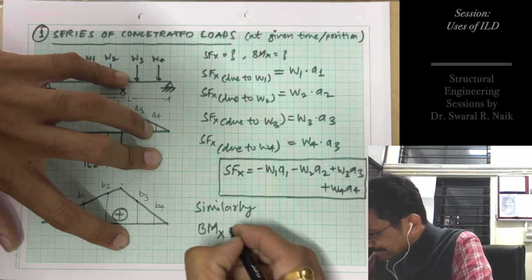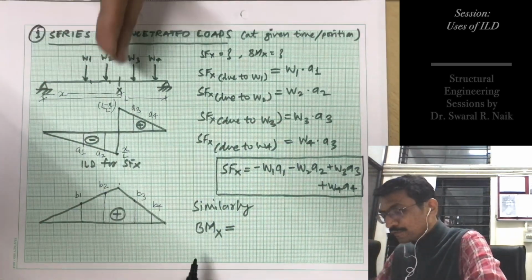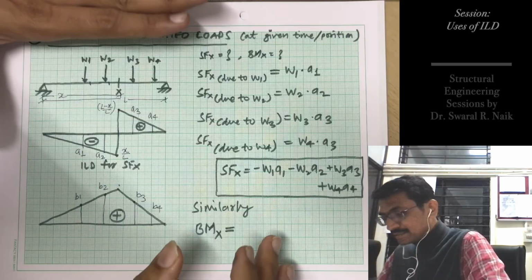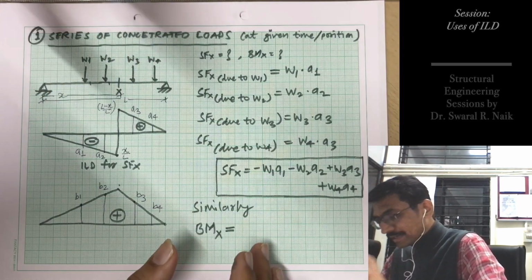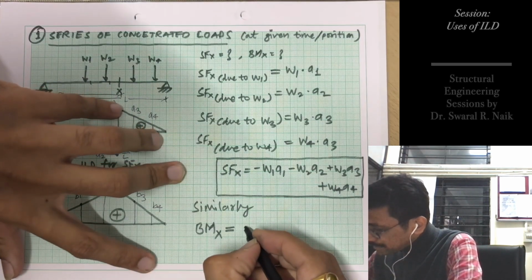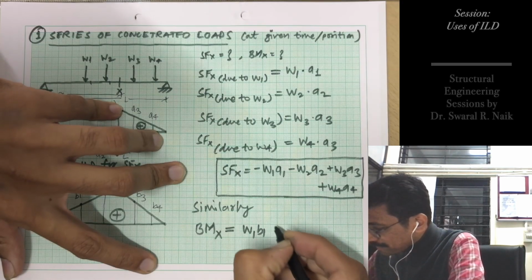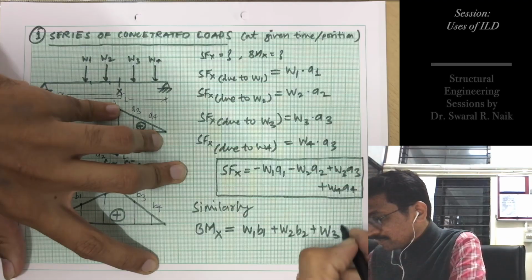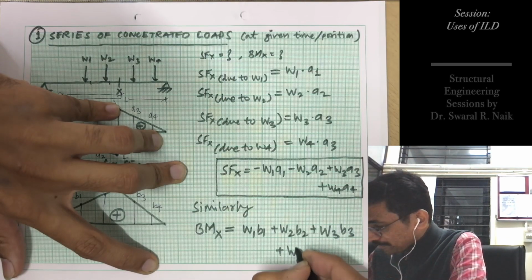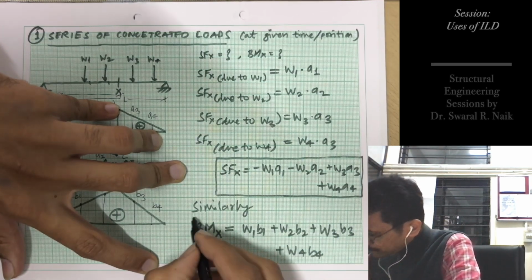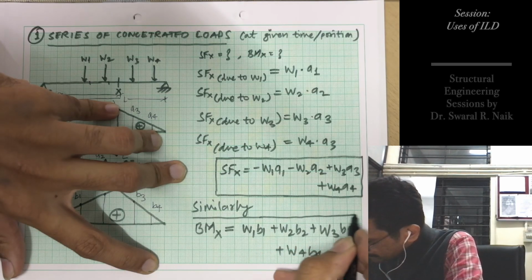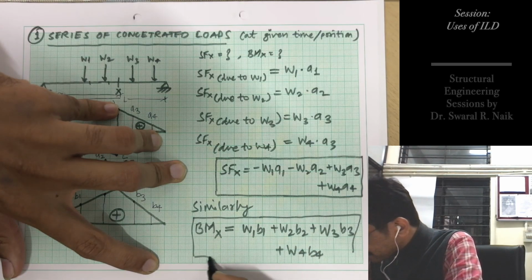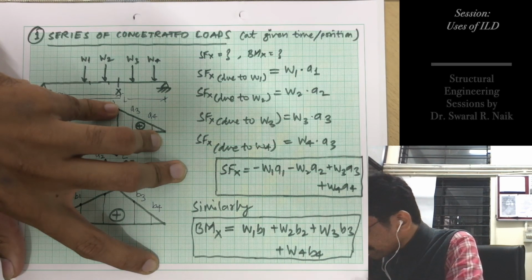So similarly, bending moment at section X due to this series of point loads at this time frame, when they are at this position, will be nothing but W1 B1 plus W2 B2 plus W3 B3 plus W4 B4. Very simple. Simple to calculate, simple to understand.